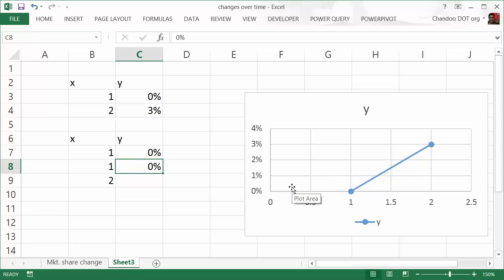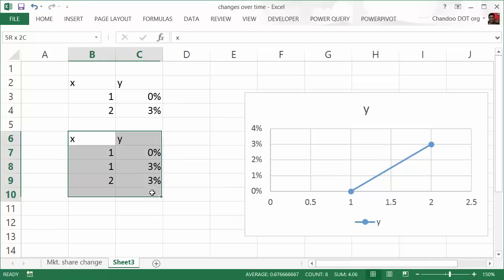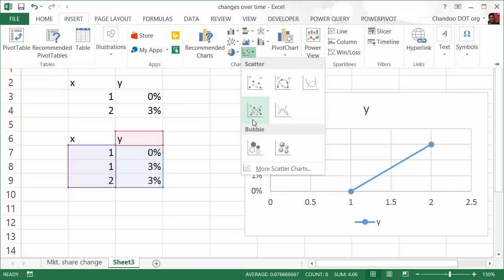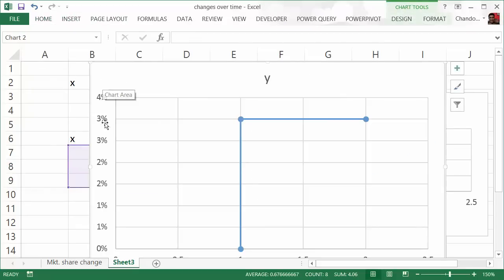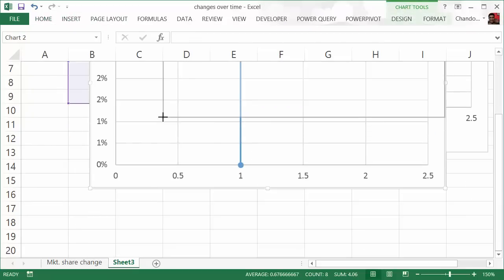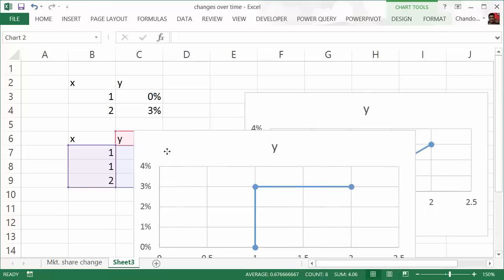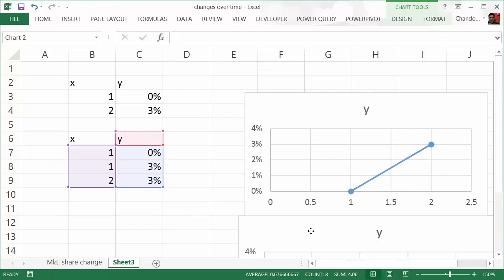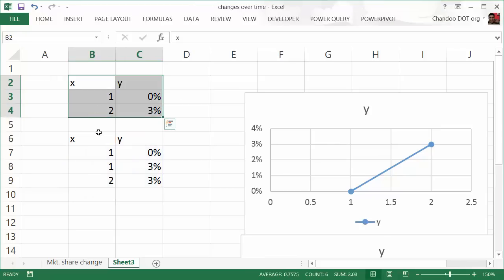Oh sorry, we have 3% here, and then 3% here. Once we have that data, we could select it and insert a scatter plot from that, and that'll give me that kind of step fashion. So what we need is a mechanism to take this original data and remap it like this.